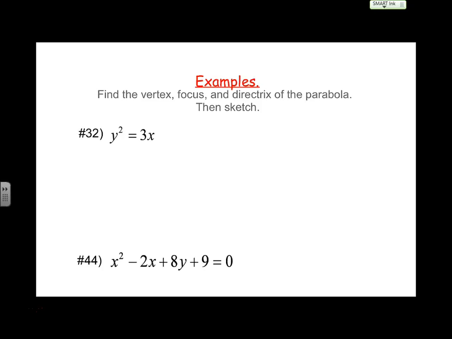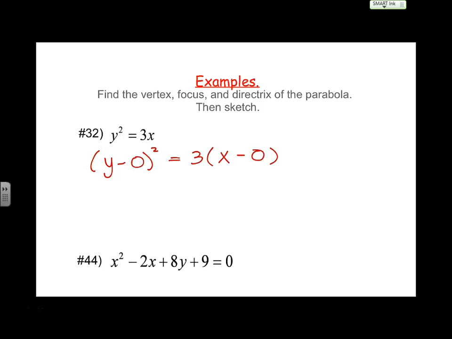How can we make number 32 look like a standard form? What do you guys think? Expand it meaning? So you put the 3 there. This would be y minus what? This would be x minus what?